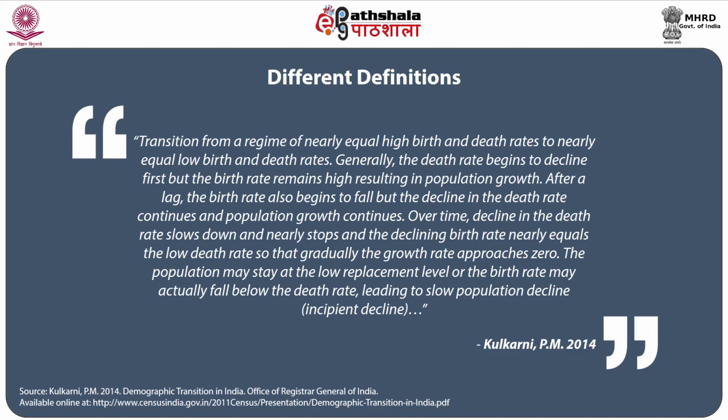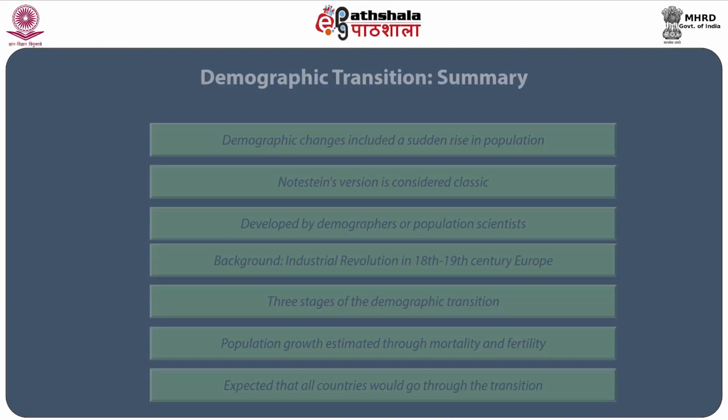Over time, the decline in the death rate slows down and nearly stops, and the declining birth rate nearly equals the low death rate, so that gradually the growth rate approaches zero. The population may stay at the low replacement level, or the birth rate may actually fall below the death rate, leading to slow population decline, that is, incipient decline.